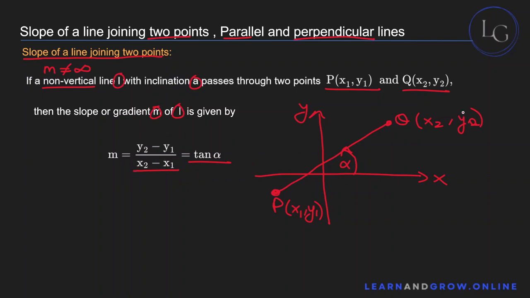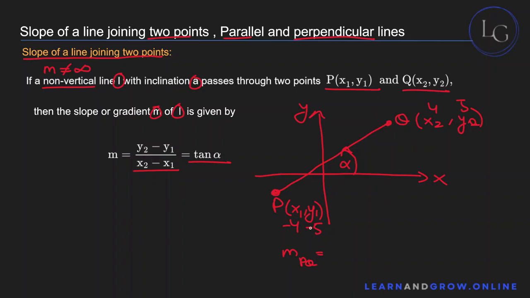Say y2 is, well, let's say it's 5, and let's say x2 is 4. Let's say x1 is -4 and y1 is -5. Then you can find out m, the gradient of PQ, by subtracting y2 and y1.